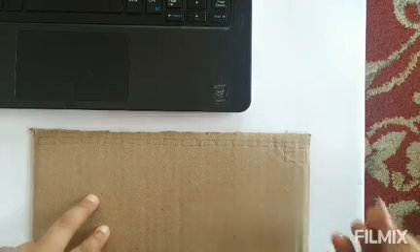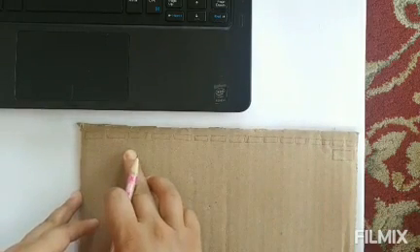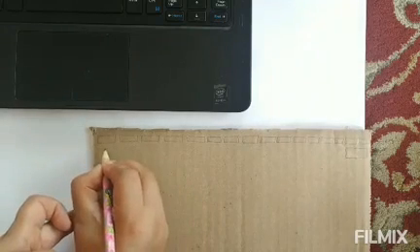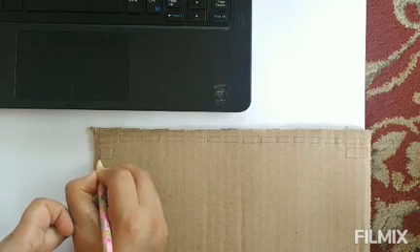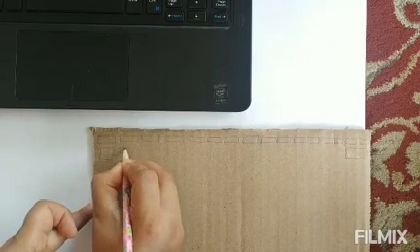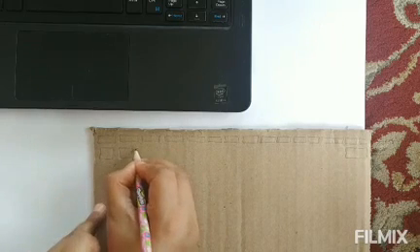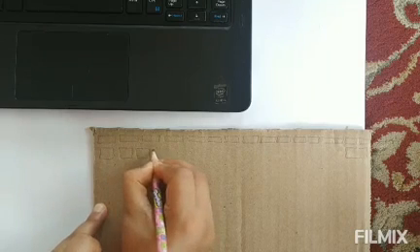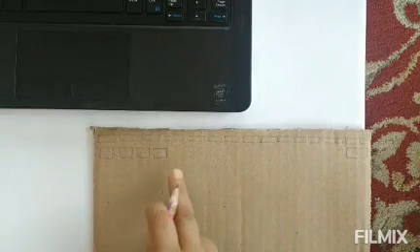You can draw some space, and now you will have to draw 14 keys that will be squarish, like this. This is not a good square, but please try to make proper squares. So 14 squares.